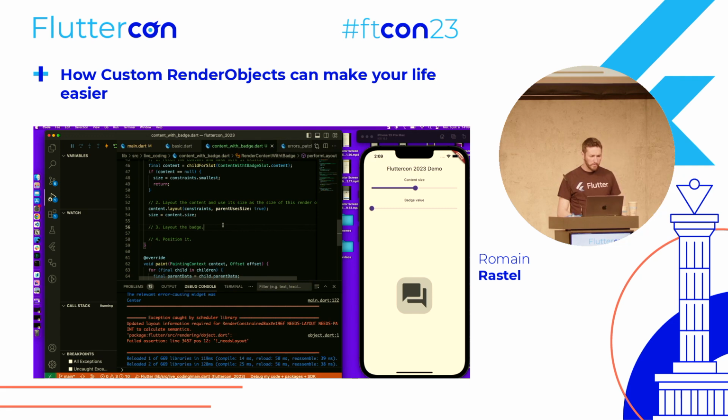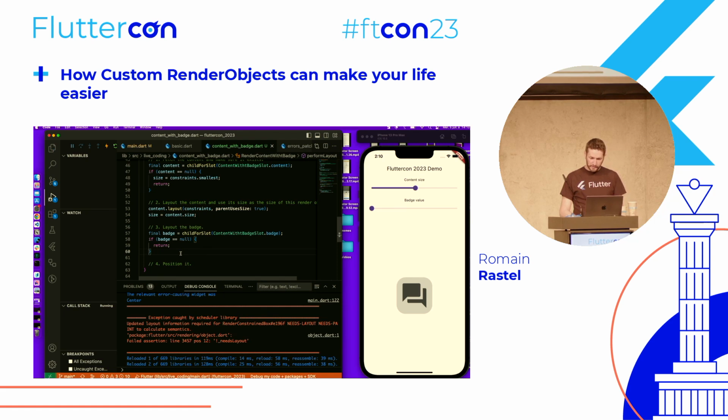So now let's lay out the page. I will get the page from child for slot. If page is null, we don't have to do anything else, so we can return. The size is already taken care of here, so we can return as is.